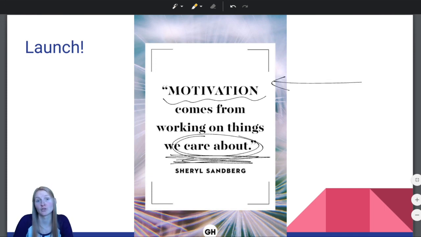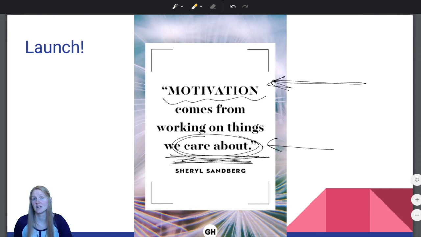And it's not just about school, right? This works with anything. If you want to find motivation to work out, maybe you want to get some sweet muscles. If you want to find the motivation to work out, care about working out. Care about being healthy. Care about looking nice. Find reasons to care about working out, and you'll find more motivation to get it done.